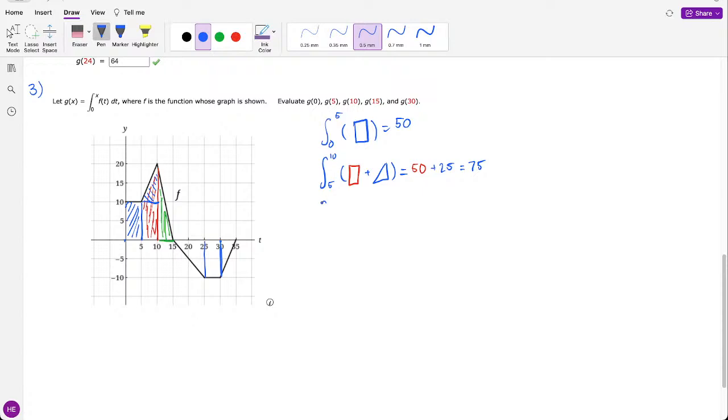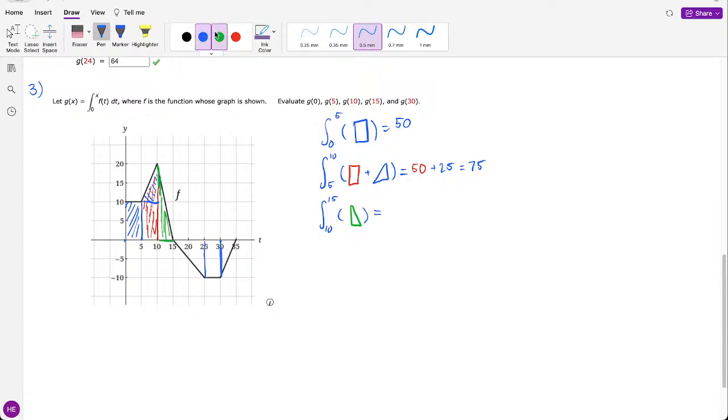And then we'll do the next one. That will be the integral from 10 to 15, and that's our green triangle. Actually, it goes 5, 10, 15, 20. If you look at that, the green goes all the way up here.